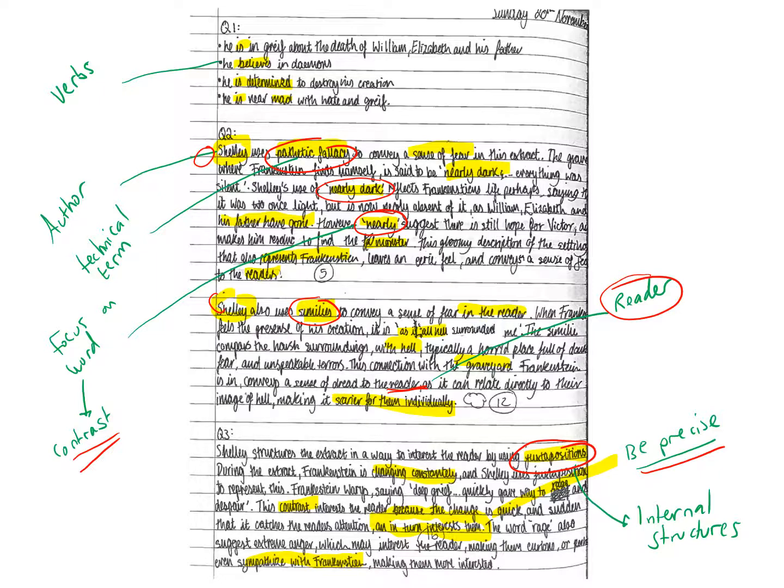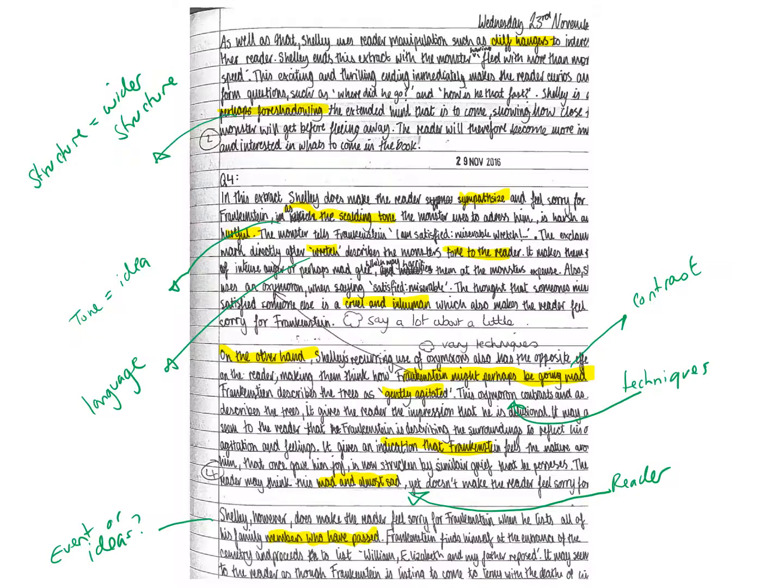And the precision in this comes really throughout the paragraph. If the reader's made more interested, if they're sympathizing with his rage, how precisely are they going to sympathize with him? There is some useful wider structure referenced here, the foreshadowing of later on in the text.